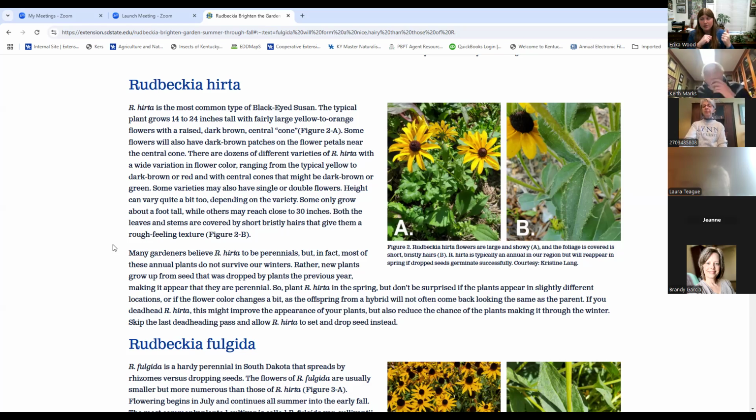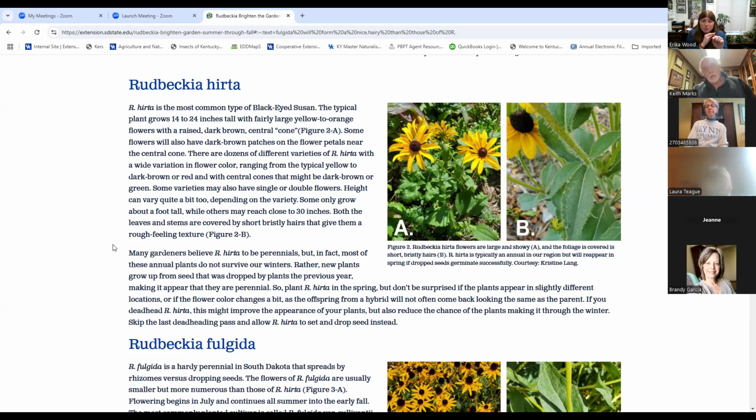And so when we look at Rudbeckias, it's really good to look at the scientific name to know the difference. So Rudbeckia hirta is what we consider the annual Rudbeckia. So this is going to be killed by frost, but it sets seeds so frequently that you may have it sprout from seeds the following year that might make you think, oh, this is a perennial Rudbeckia, when it's actually not.